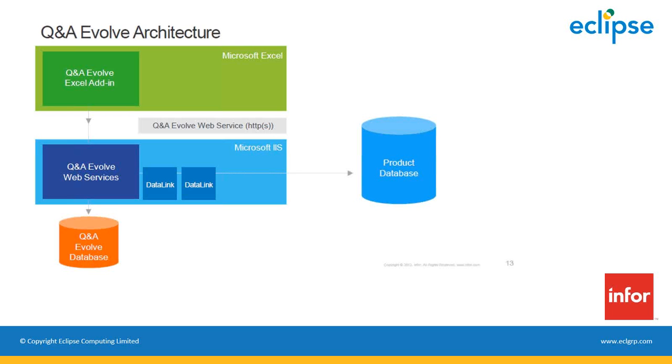The way Q&A historically works is that every client connects directly from the client machine straight into the Sun database. So there's a lot of information going up and down across the network.